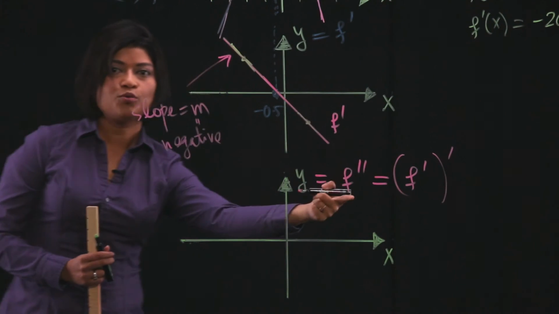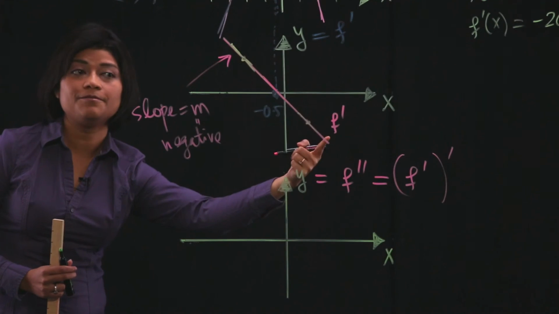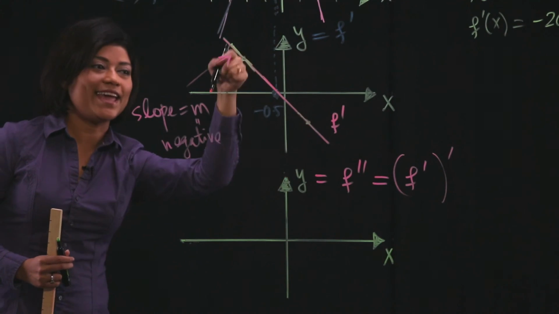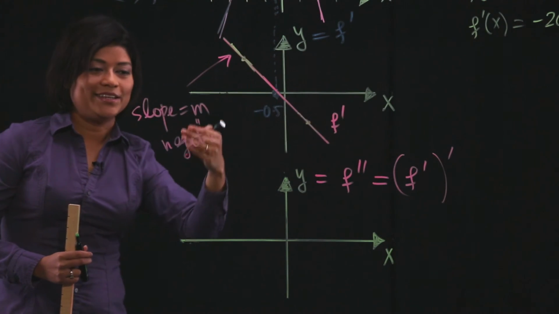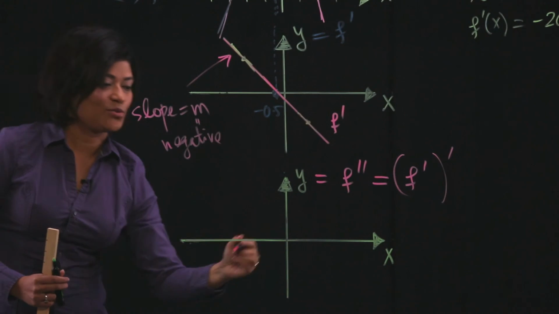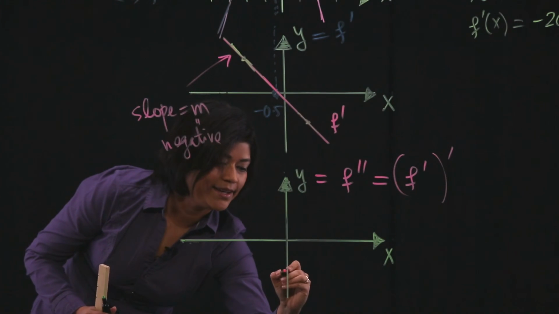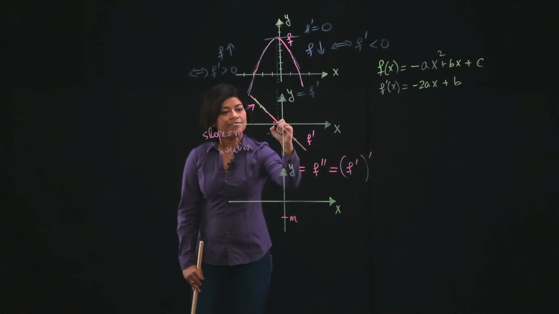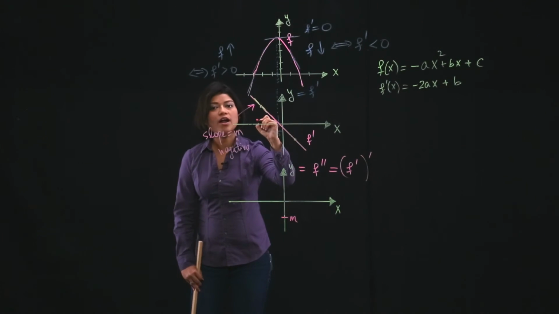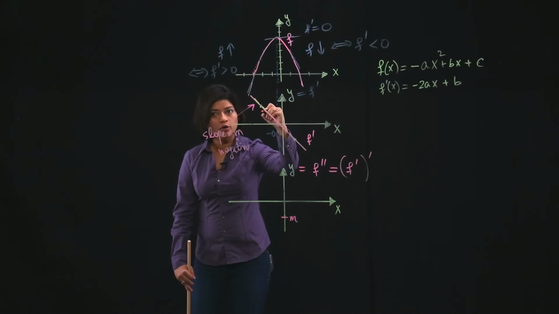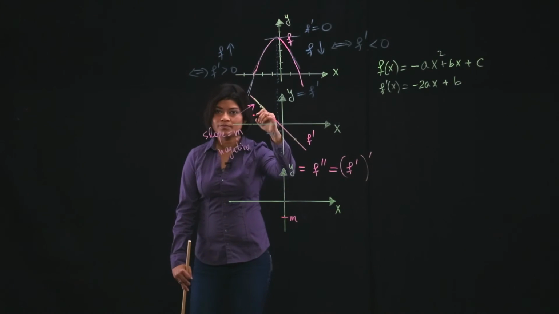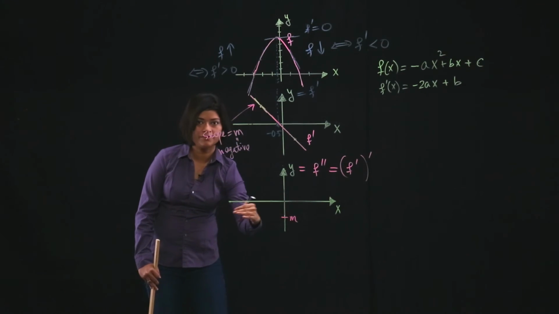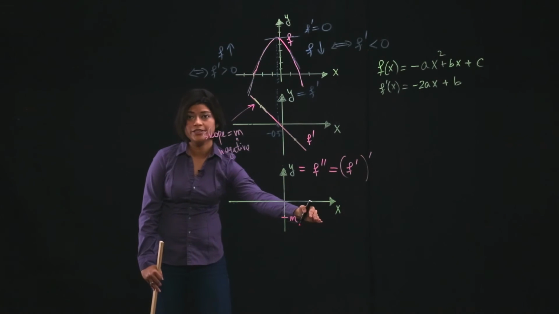Okay. So what will be the derivative of this line? At every x value, it will be that m. So what will the second derivative look like? Say m is right here. Think one more time. At every x value, you are looking at the slope of f prime. That will give you the values for our new function here.